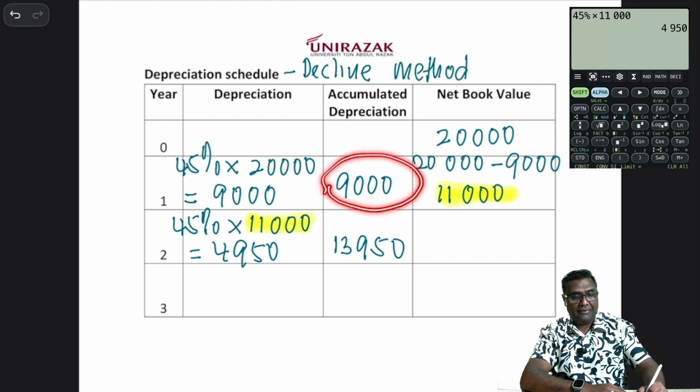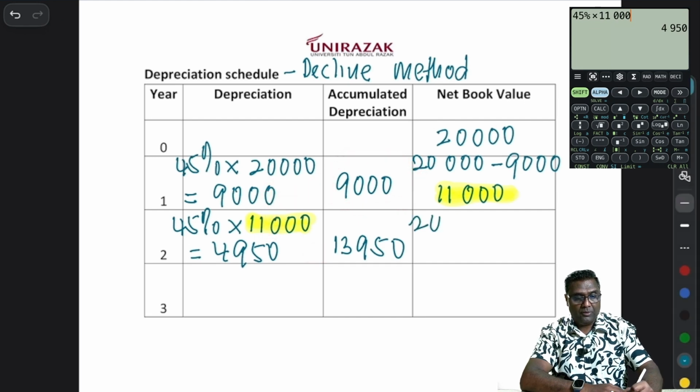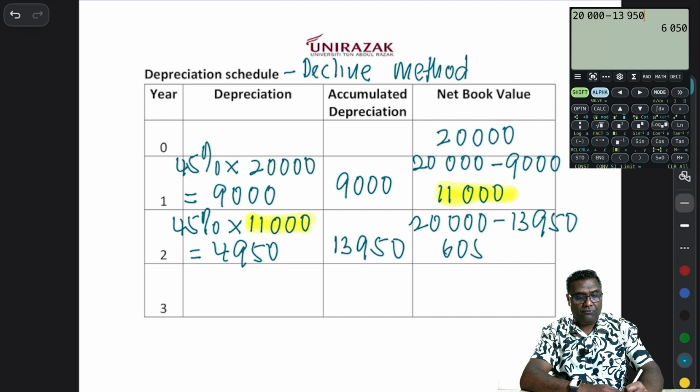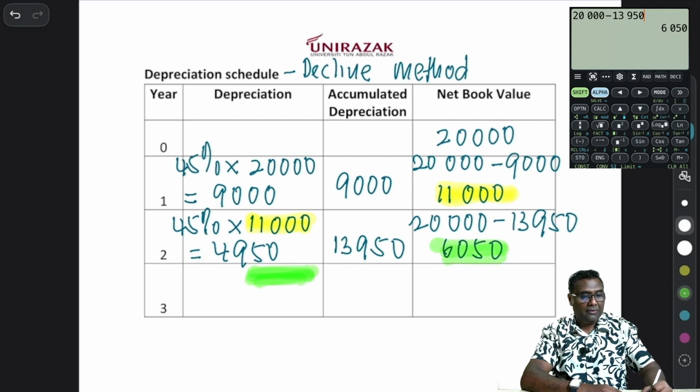Again, I take this and plus 4950. So this is going to be 20,000 minus 13,950. You have 6,050. So this will be my cost for the third year.